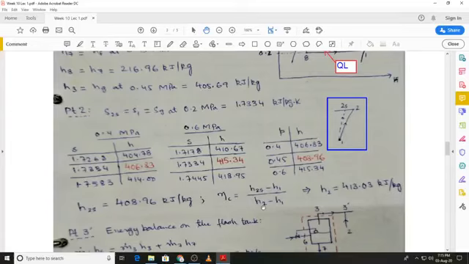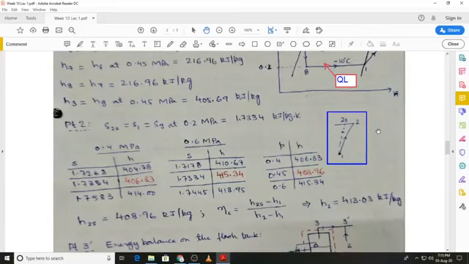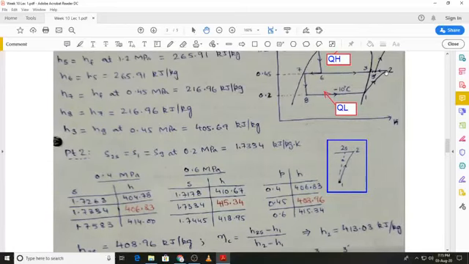So the only unknown is H2, which comes out to be 413.03 kilojoules per kilogram, and obviously we expect it to be higher than the enthalpy for the process if it were isentropic. So that is how we can find out the enthalpy at point 2.